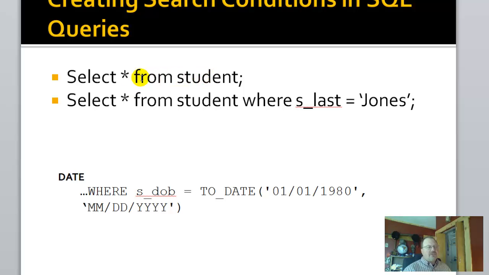What else? Okay, here are a couple of examples that we've used already. Select star from student. That means select everything from that particular table, student. You can also, for specific kinds of information, and we'll start doing a lot more in 3B, select star from student where s last equals Jones, the single quotes meaning a string.